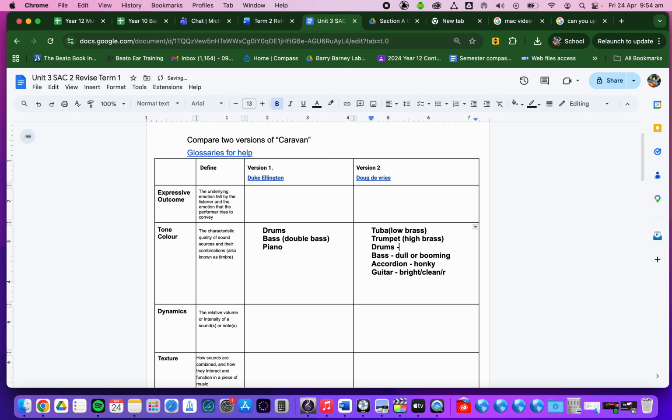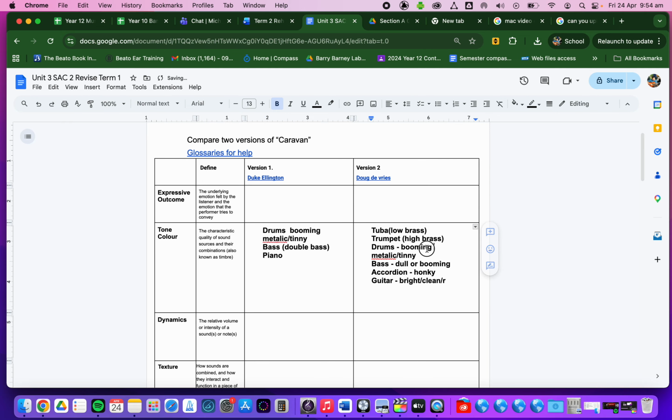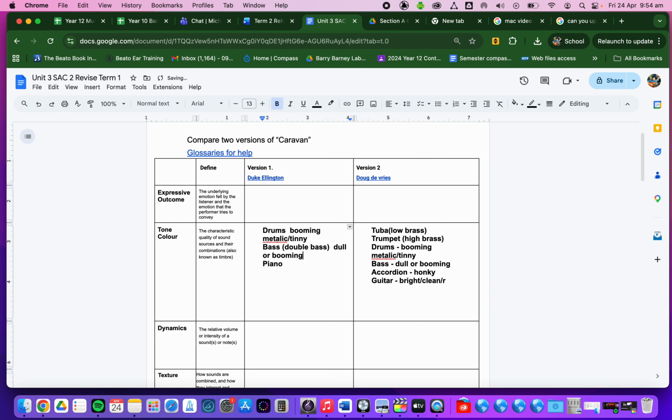Drums can be booming, or depending on the instrument, can be metallic or tinny as well. So some of that is definitely in the other one as well. The piano can be warm.